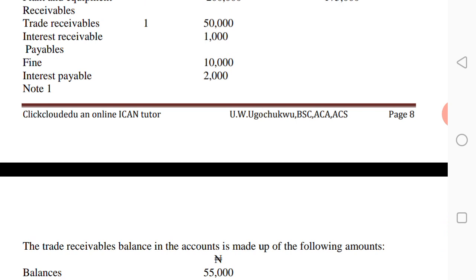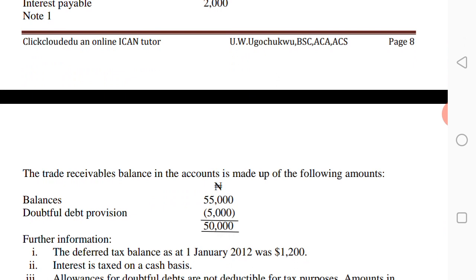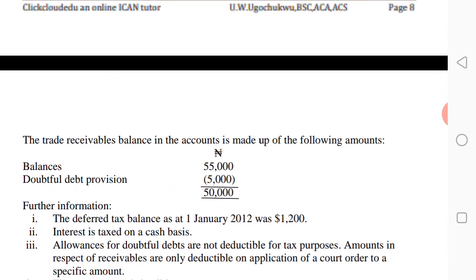Now for the trade receivables, we are given the note. The note says the balance is 55,000 naira, while the doubtful debt provision is 5,000. That's how they deducted 5,000 from 55,000.